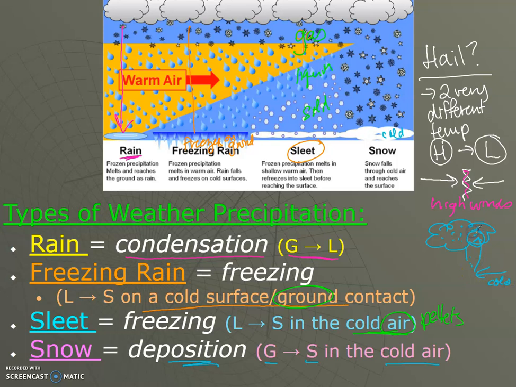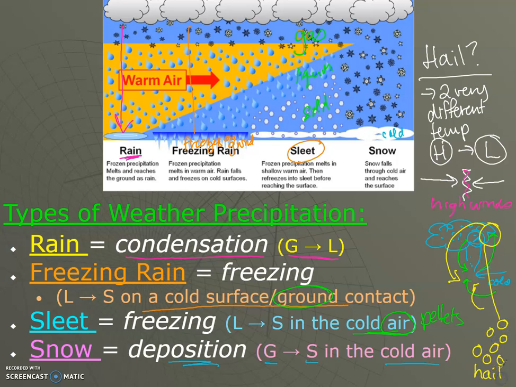It's going to coat with a little bit more water, and then it's going to come back down, freeze, and then the cold air is going to push it back up again, and it's going to coat with a little bit more water, and it's going to come down and get pushed back up until it basically gets too heavy to be pushed back up, and that's where you have your pellets of hail that come down.